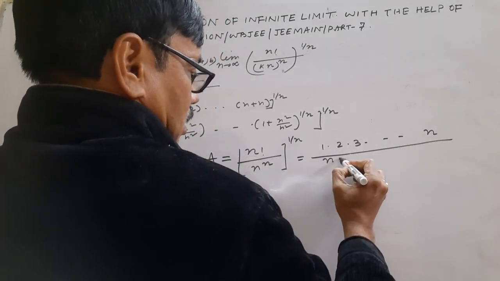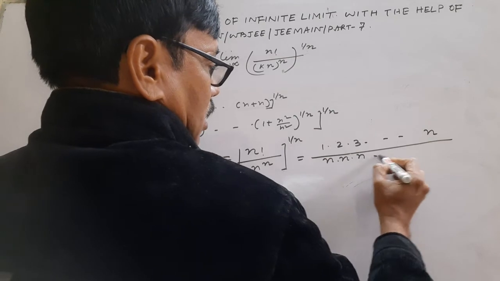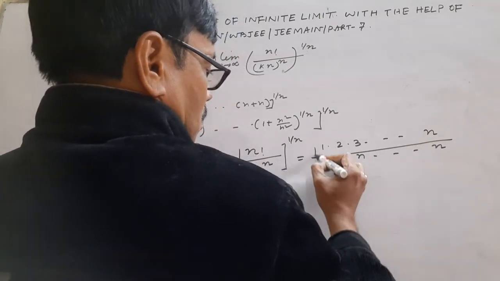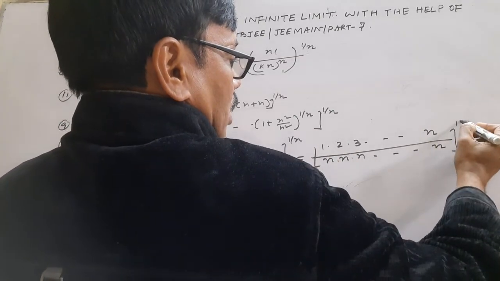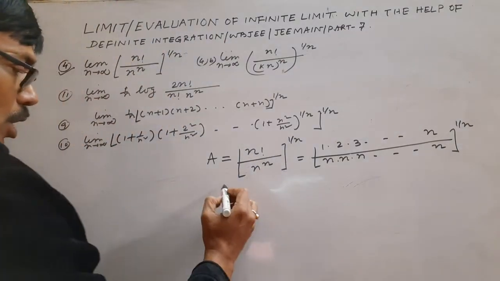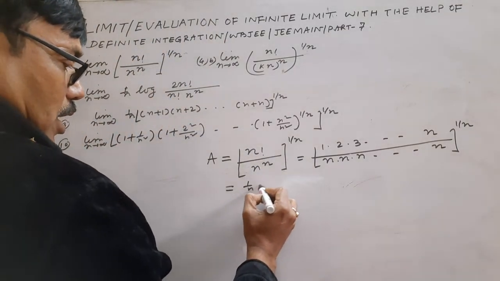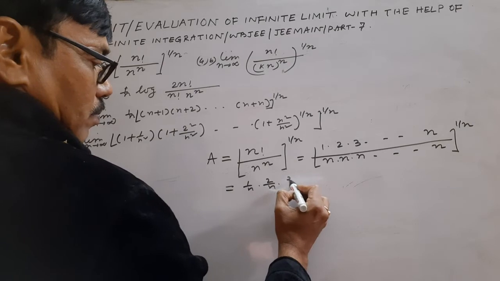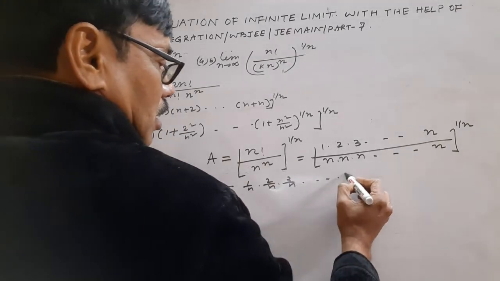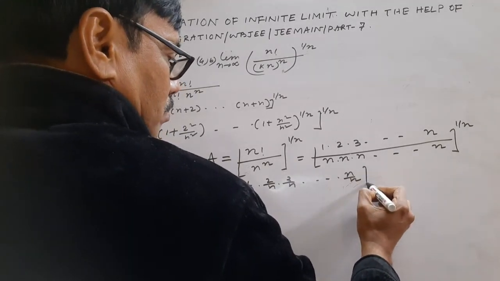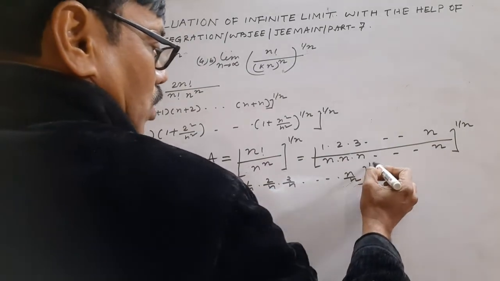This is n, n times. Power is 1 by n. So this is 1 by n, 2 by n, 3 by n, up to n by n. Power is 1 by n.